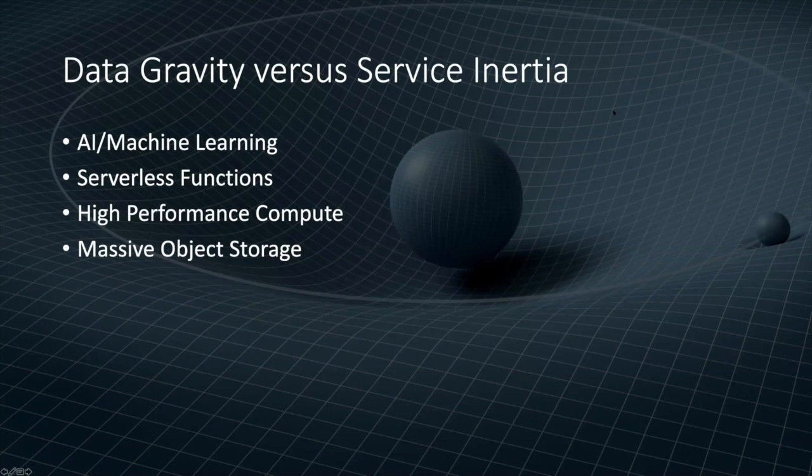So data gravity versus what I call service gravity, what I think other people push against me and call service inertia. This is, again, a dedicated webinar topic. Dave McCrory and I have had this conversation. Dave McCrory has come up with this, I think, time-tested idea that we move compute closer to data.